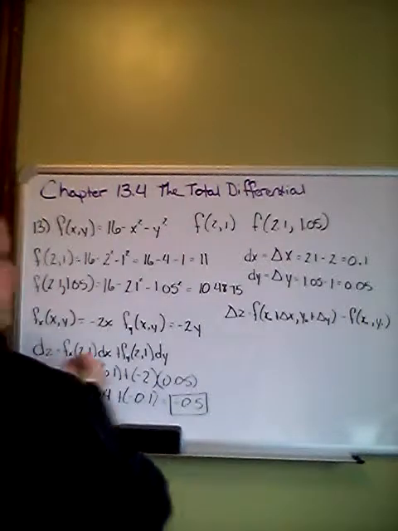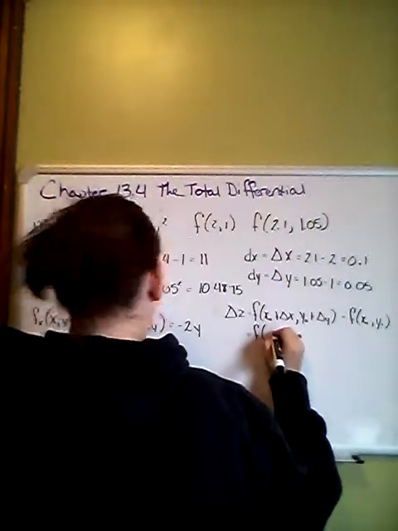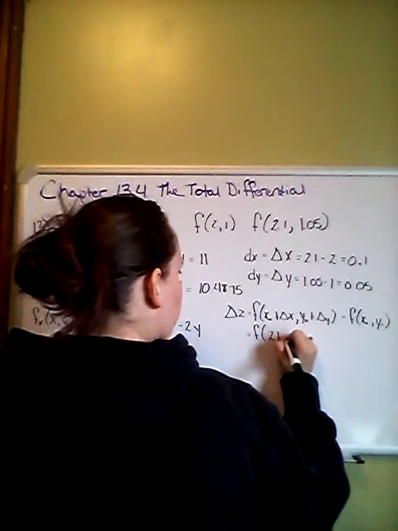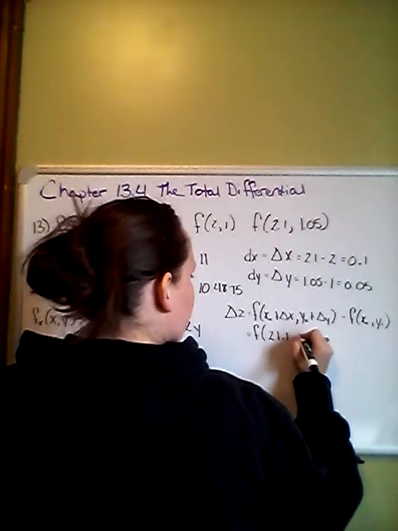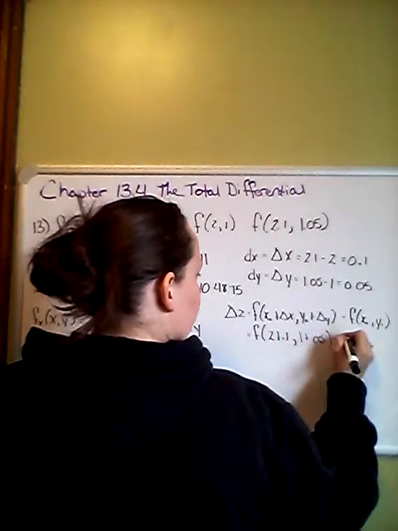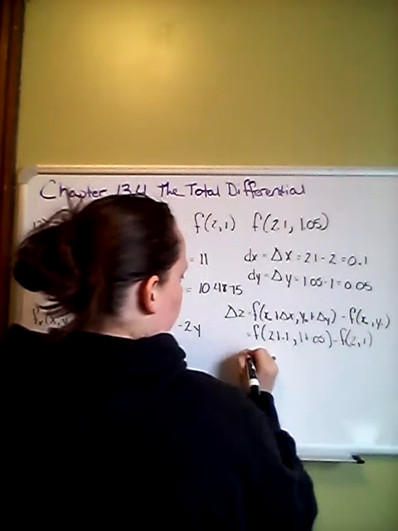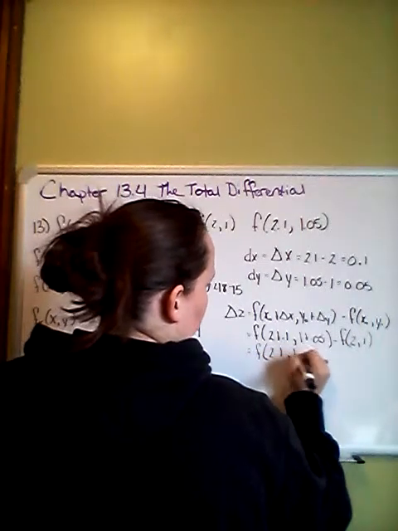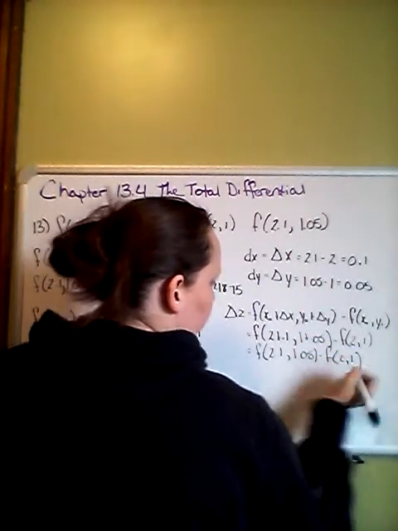So that is going to end up being f of 2 plus 0.1, 1 plus 0.05 minus f of 2, 1, which of course is f of 2.1, 1.05 minus f of 2, 1.